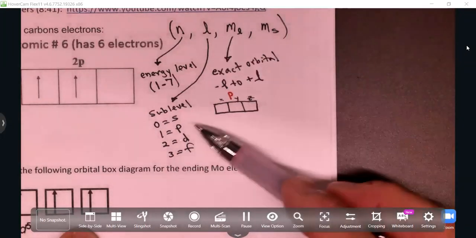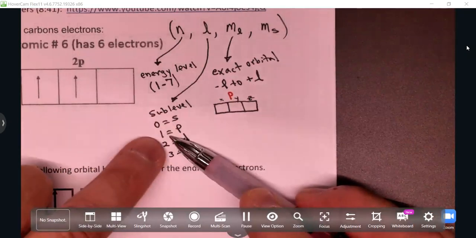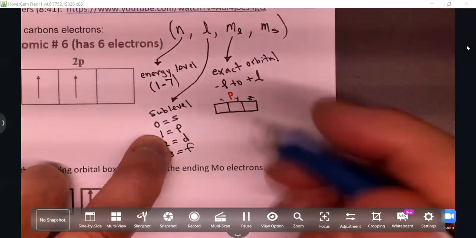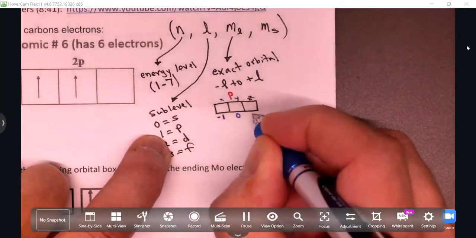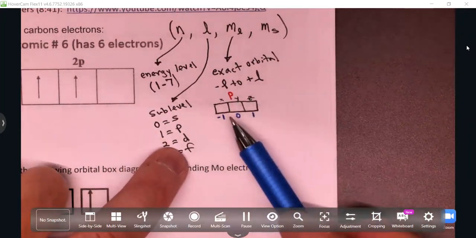Now, our sublevel is going to be a 1 for a p, correct? So if the electron is in this first one, this is a -1, this one's 0, and this is +1. The third number, again, tells us the exact orbital.